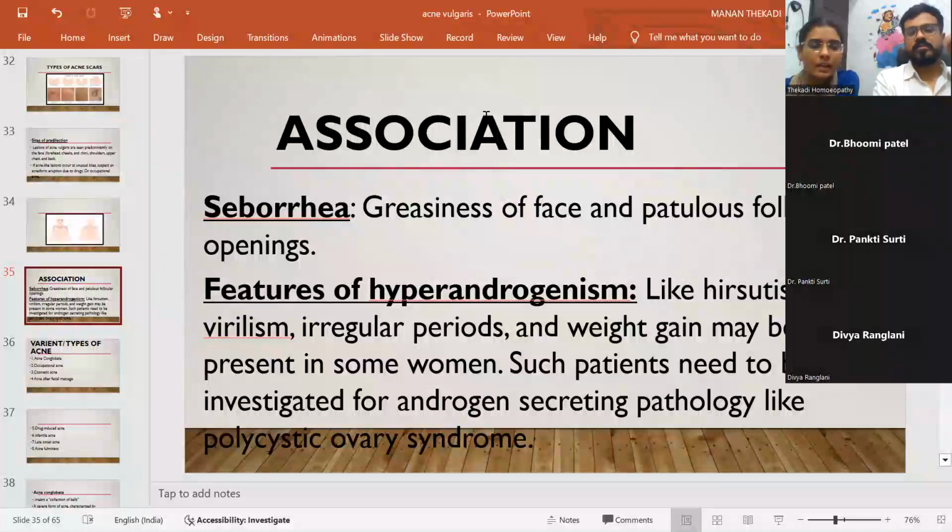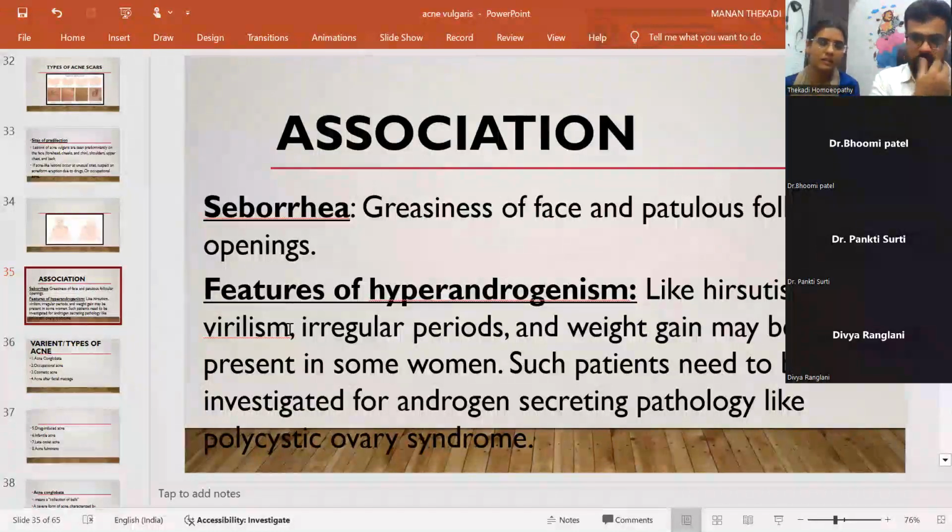Association means along with acne vulgaris there is seborrhea, meaning greasiness and oiliness of the skin, and multiple open pores. And other features of hyperandrogenism, like some patients having extra hair growth, virilism, irregular periods, weight gain.